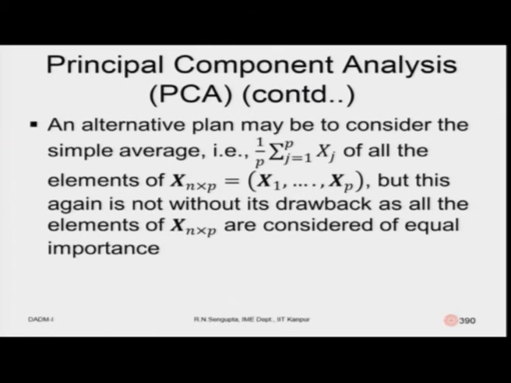So, x1 to xp are the vectors which I have just mentioned. I know that you have understood it, but still I will draw. So, this x1 basically means, so this is n cross 1.